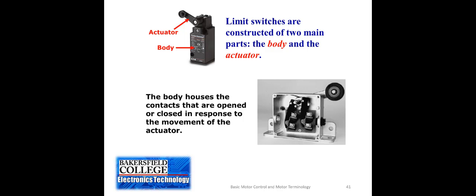You'll see that there's actually two contact blocks. So when we wire this one up, we can use one limit switch for a normally open application, or we can use the same switch and wire it for normally closed operation.